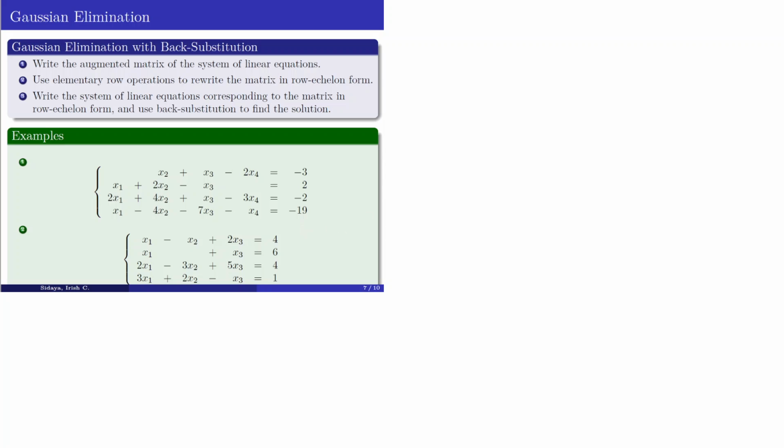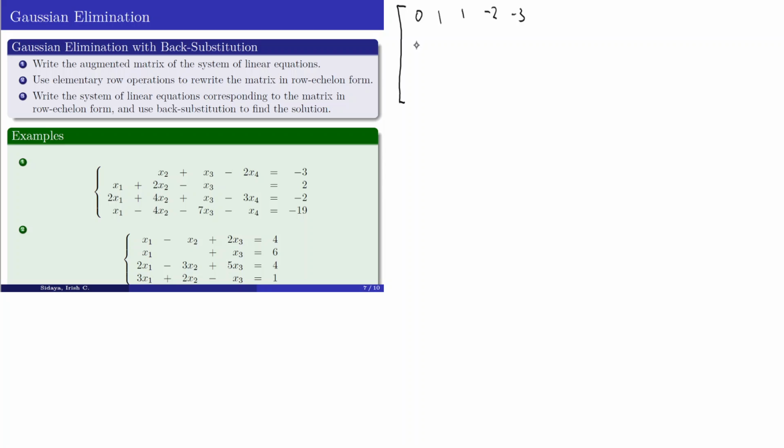What we do first is write the augmented matrix of the given system. We have 0, 1, 1, negative 2, negative 3.